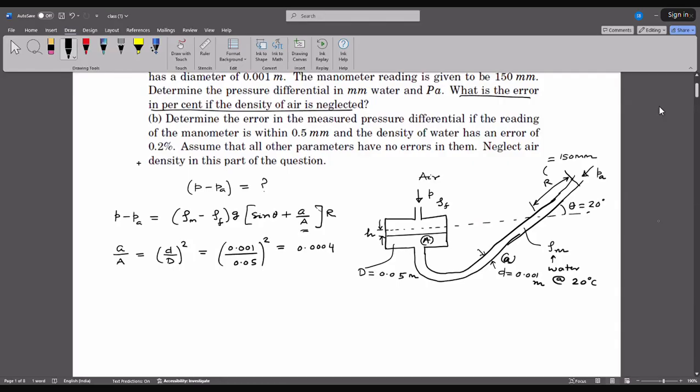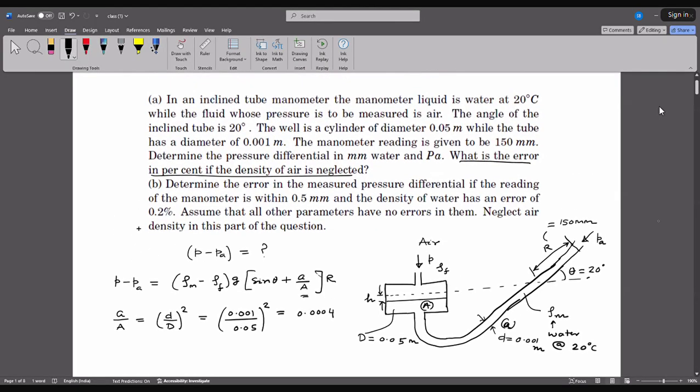The other thing we need to know is the density of air. So the temperature is given as 20 degrees centigrade.